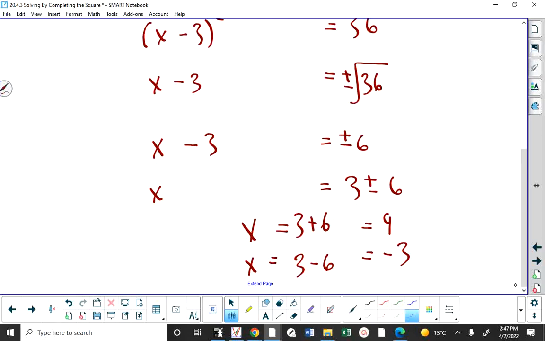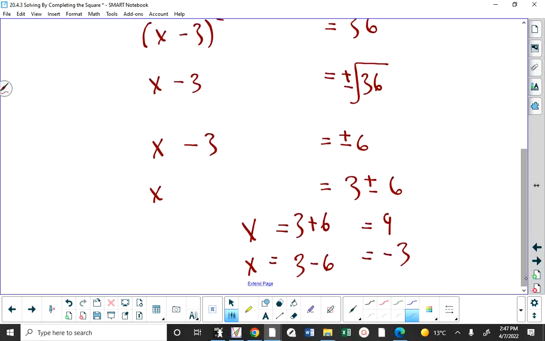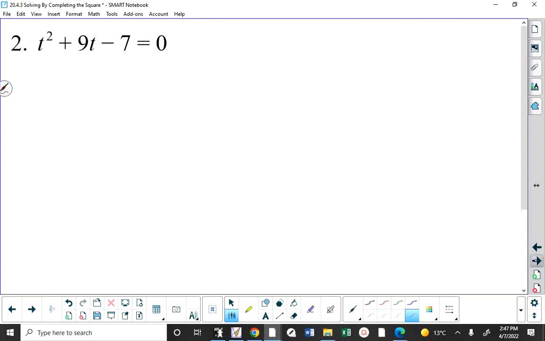Let's try another one. Any questions with that one? t squared plus 9t minus 7. I'm kind of throwing out a whole bunch of ideas here. Can you do me a favor and calculate b squared minus 4ac? Just for kicks. Let's just see what we get.